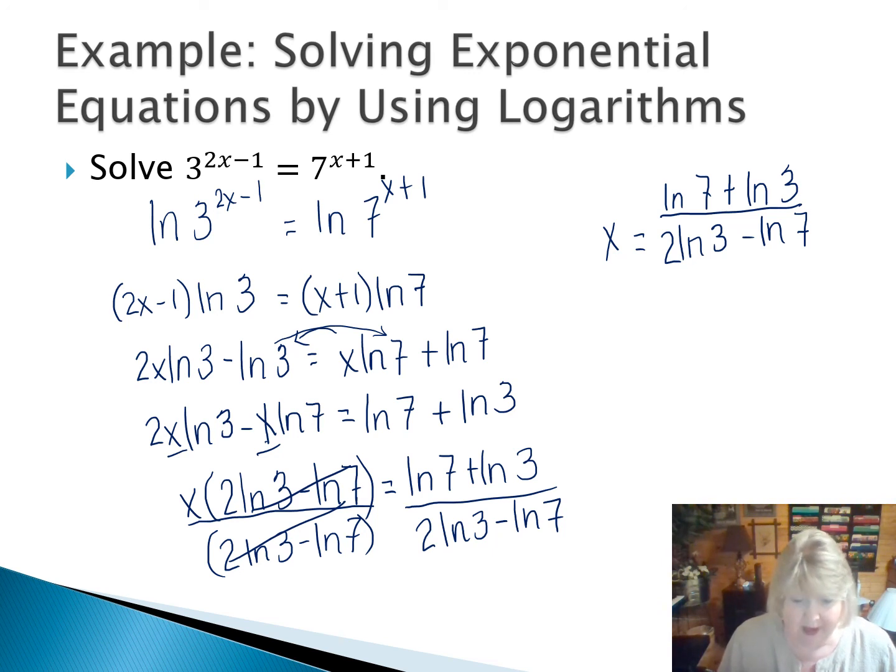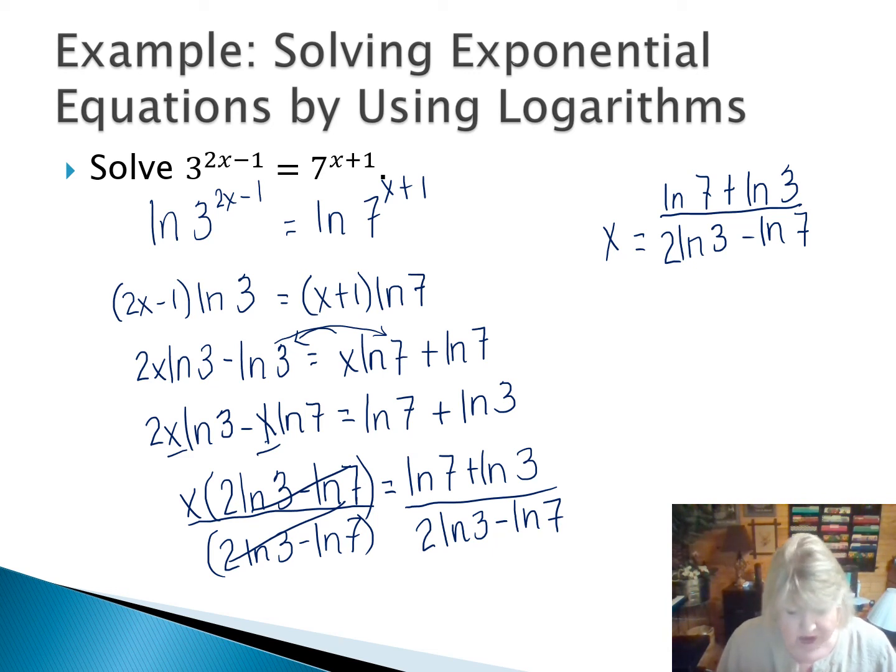However, if you have a scientific or graphing calculator, be sure that you put your numerator in parentheses and your denominator in parentheses to make sure that the calculator does not misunderstand your grouping there, because your numerator is grouped together.